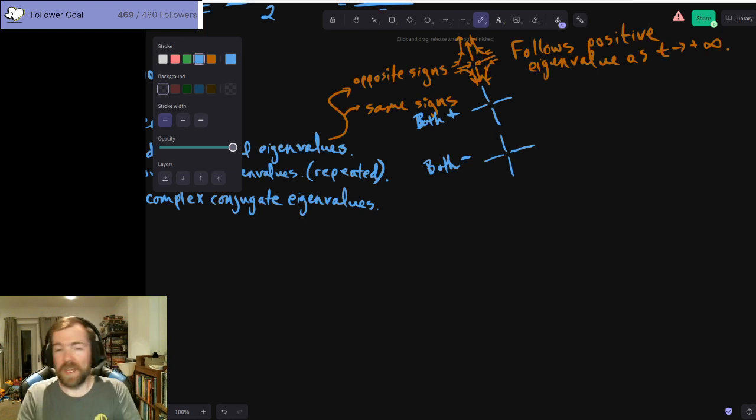Okay, so if you're on one or the other of the vectors, what about the other one? Say you're on the non-dominant eigenvector.